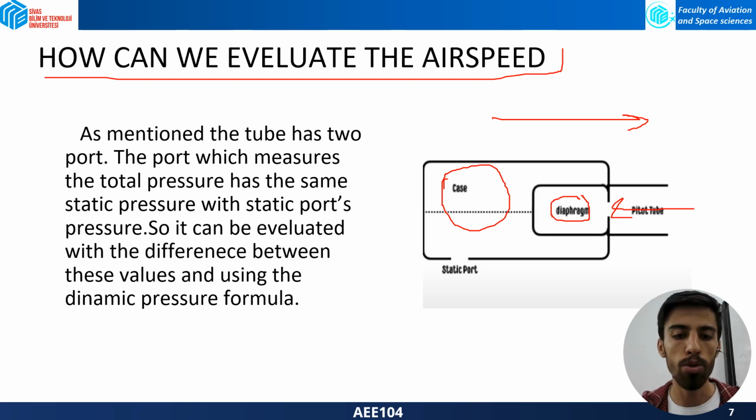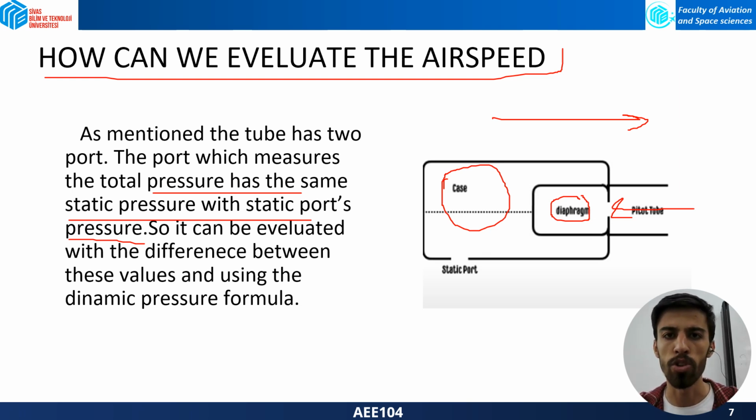As mentioned, the tube has two ports. The port which measures the total pressure has the same static pressure as the static port. It's very important to know that. For example, if you are flying at an altitude which has a pressure of 1 atm, in your diaphragm you will also have the static pressure as 1 atm, if your static port didn't get blocked.